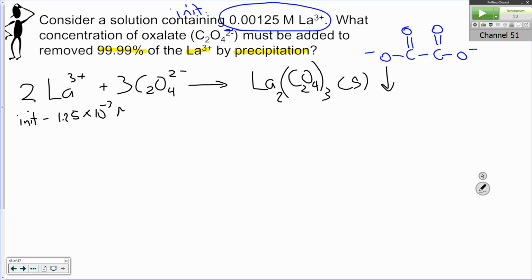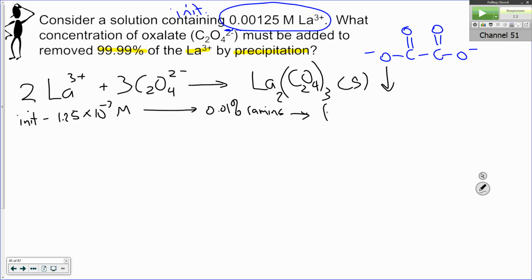I like scientific notation. Now, if I want to get rid of 99.99% of it, how much is remaining? 0.01% remains.